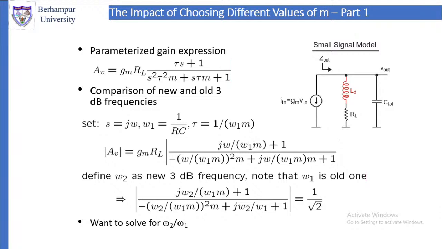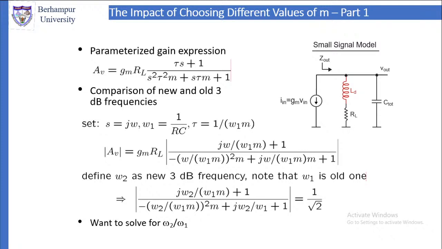Now we will do a comparison of new and old 3 dB frequencies for this. 3 dB frequencies means the frequencies where the gain becomes half. So in the new, after parameterization, where the frequency becomes half, and before parameterization, where the frequency becomes half.